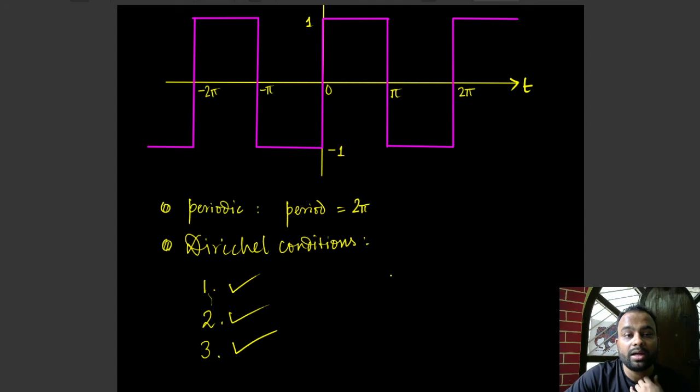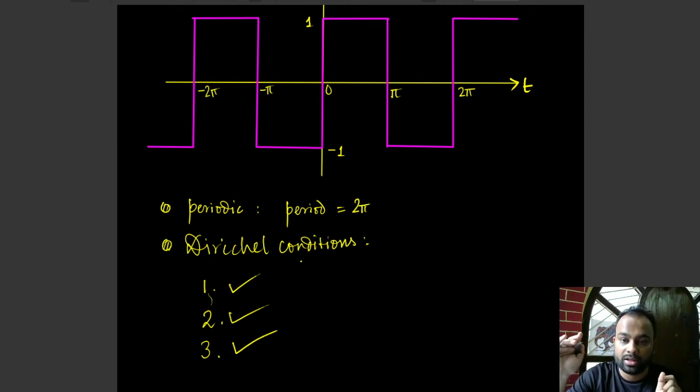Before I go further, I have to tell you that the Dirichlet conditions are known as sufficient conditions. What I mean by a sufficient condition is that if a signal is periodic and it satisfies the Dirichlet conditions, it will always have a Fourier series expression. But this is a sufficient condition, which means a signal can have a Fourier series expression even though it does not entirely satisfy the Dirichlet conditions.